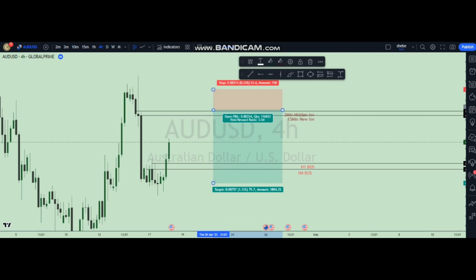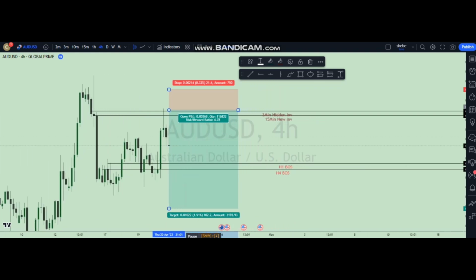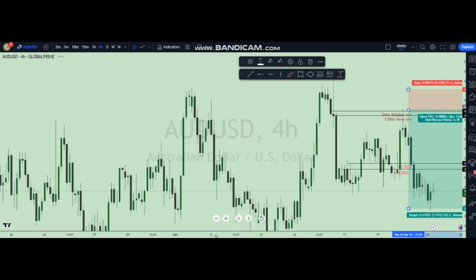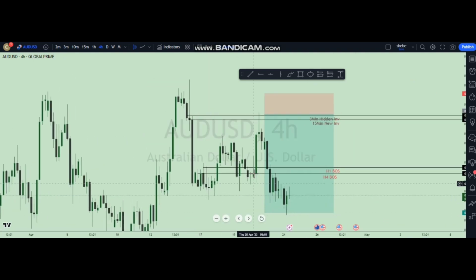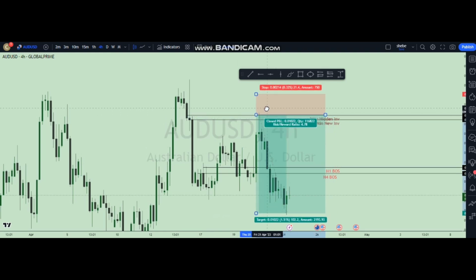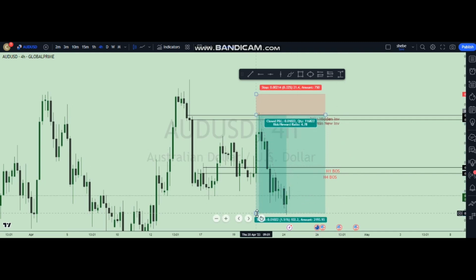Now let's see if the price obeyed the 20 pips, and our target was 100 pips. Yeah, now I hope you see how the price went. It came to test the 15 minute invalidation point, then our 3 minutes hidden invalidation point, and went to our target.